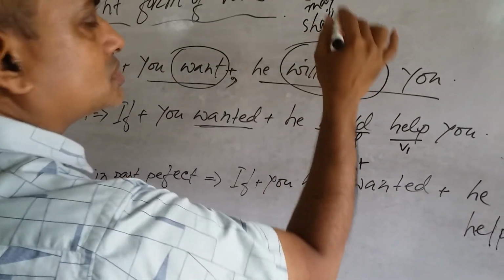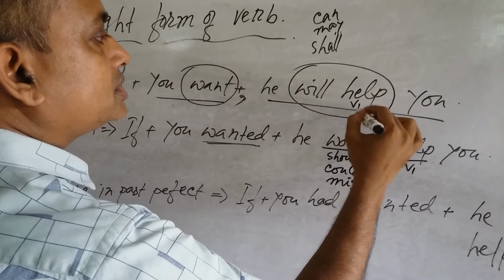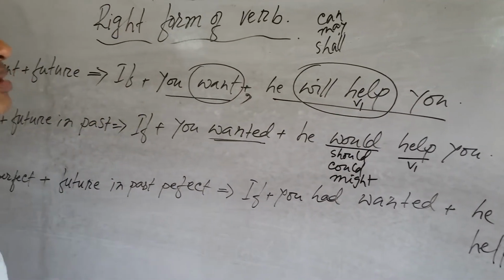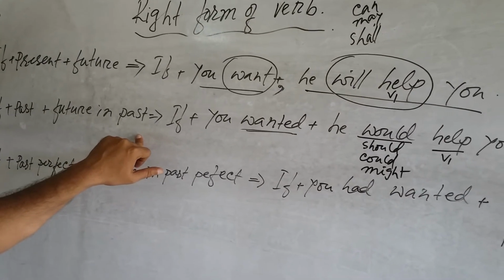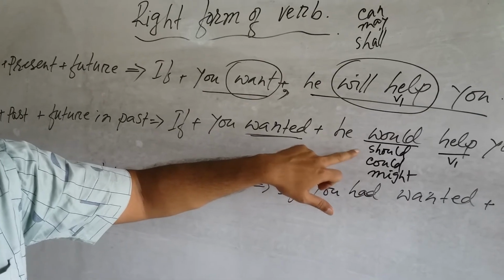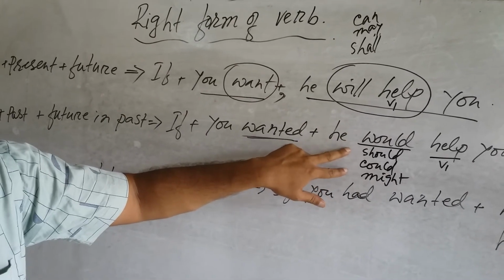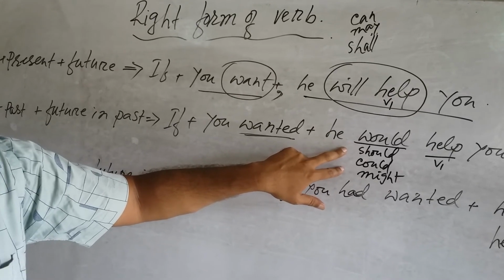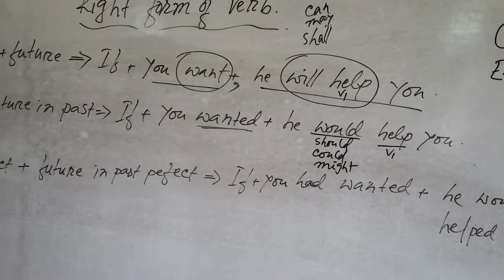There we have used any one of the four modals, and there is the present form of verb in the first sentence. In the second sentence we have also used it, but the modals are in past. It is called future in past. Would, should, could, might. Any of these four can be used, and there will be a base form of the verb.